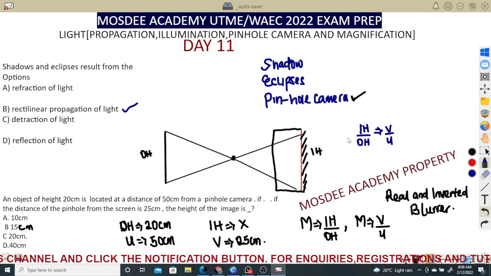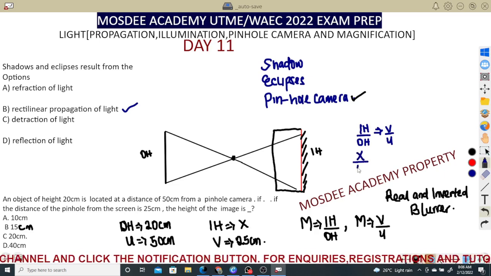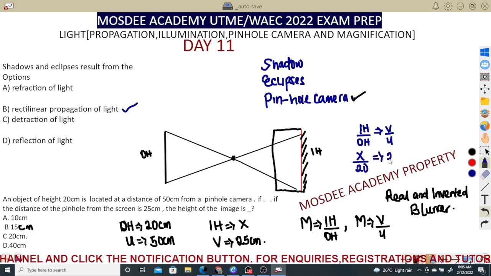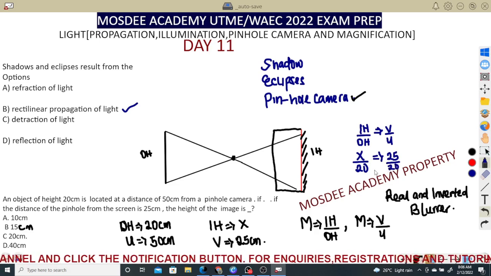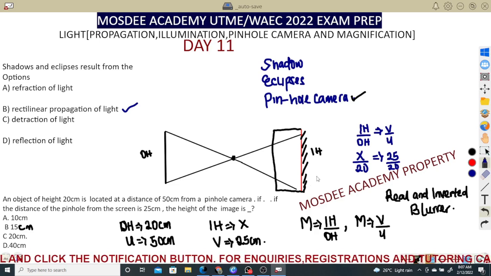You're looking for the image height, we call that X. The object height is 20. The object distance is 25, and the image distance rather is 25, and this is 20. So without wasting time, if I don't make a mistake, this should be 400 over 25. I hope the team didn't make a mistake in what they have done here, because none of the options is correct.